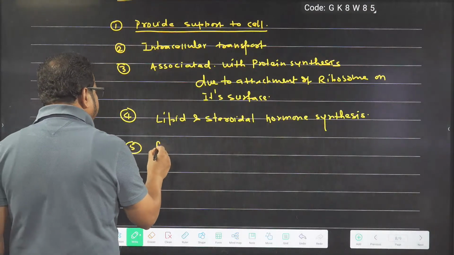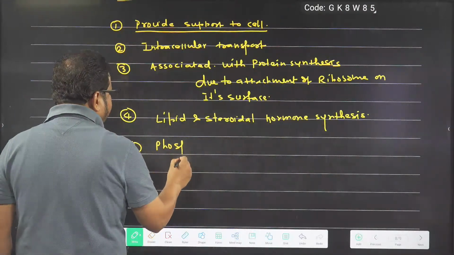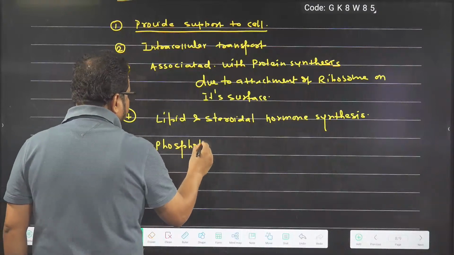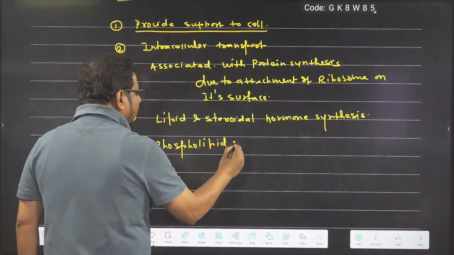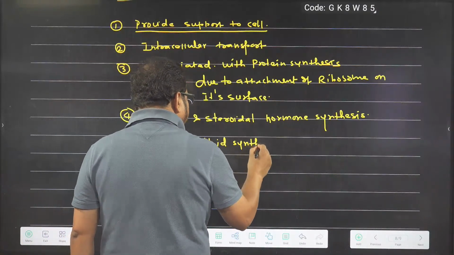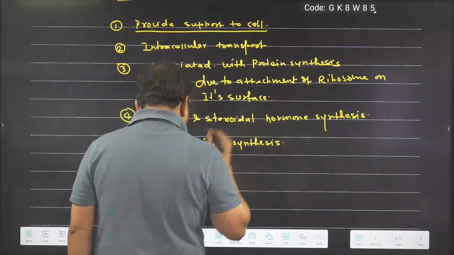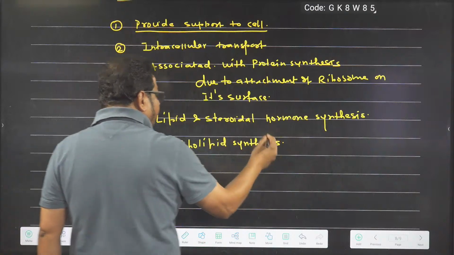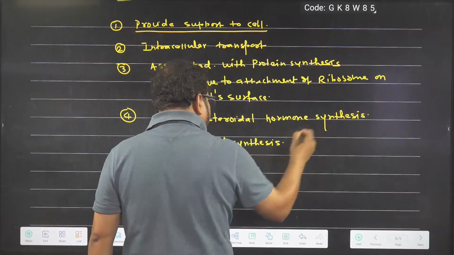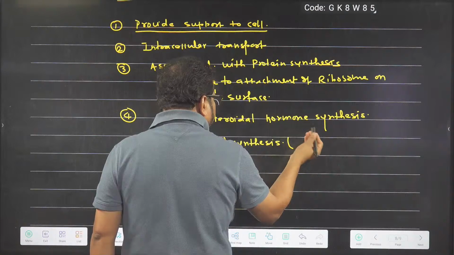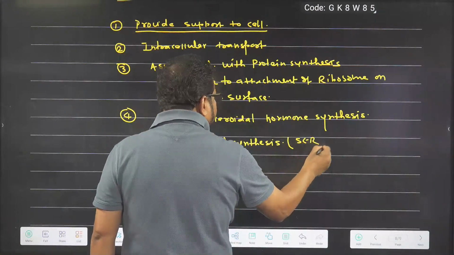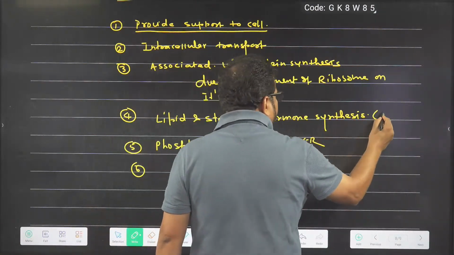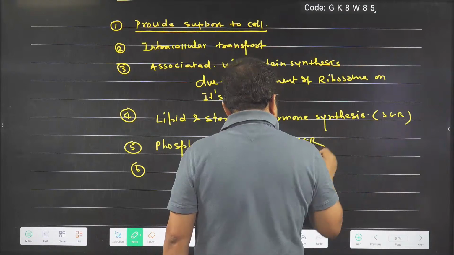Another function I am writing, phospholipid synthesis. Got the idea? Another function I am writing, and especially I wrote phospholipid earlier. This job is done by which one? SER. What is the idea?